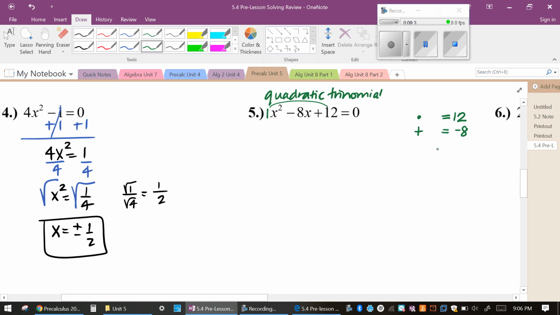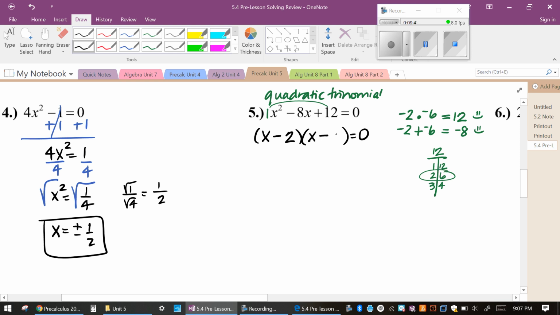So you're going to list all the factors of 12 and find two of them that will add to negative 8 and multiply to positive 12. Because the leading coefficient is a 1, as soon as I've got the two numbers that multiply to the outside terms and add to the middle, I put them in parentheses with their respective signs, so it was negative 2 and negative 6.